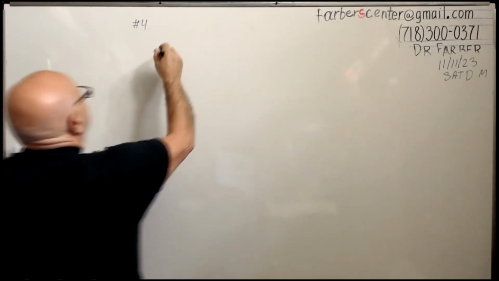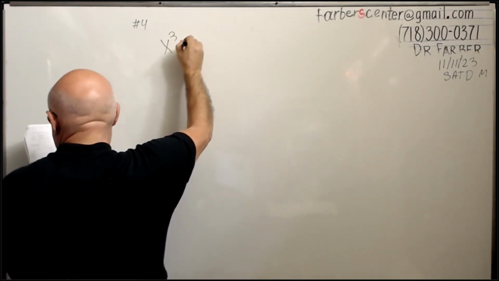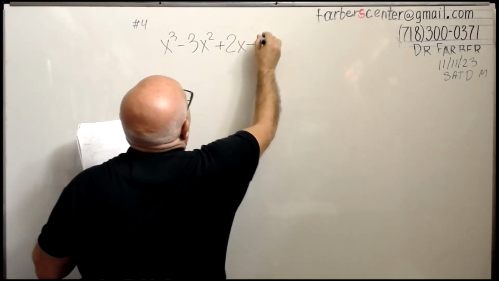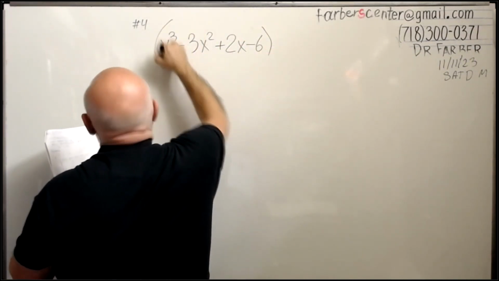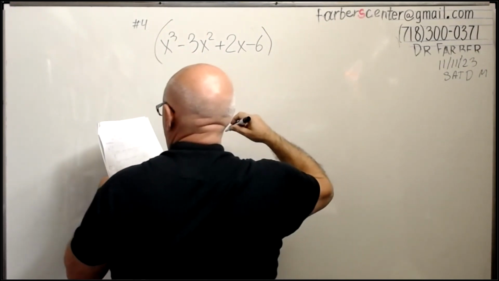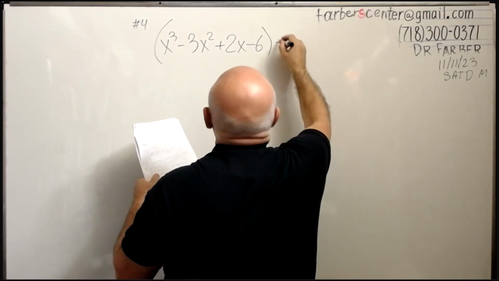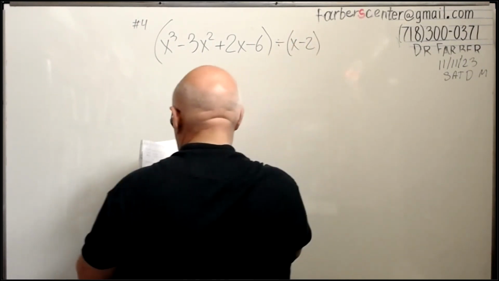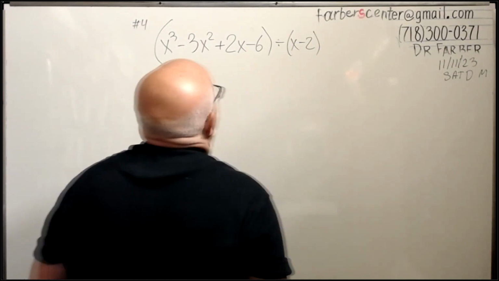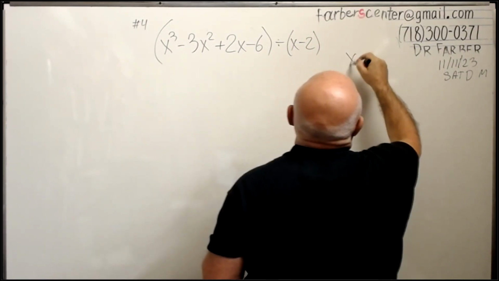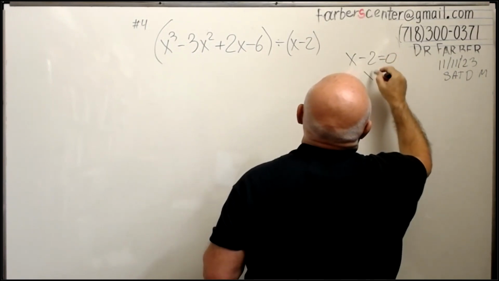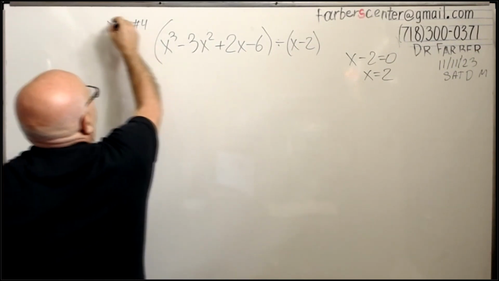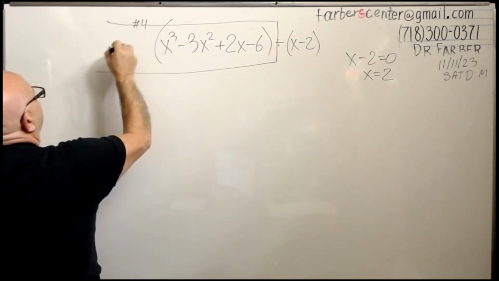x cubed minus 3x squared plus 2x minus 6, and you have to divide it by x minus 2. Everything is division here, right? So set up the factor: x minus 2 equals 0, x equals 2. I can do it manually right now. Imagine we have this function, f of x.